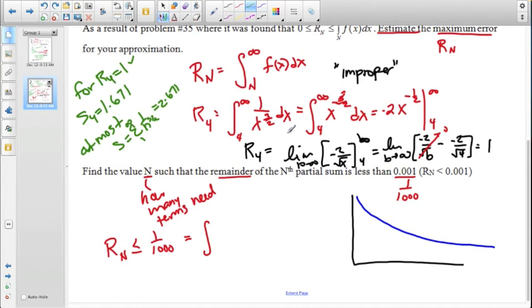Here's, just for a reference point, here's 4, but we need to come way out here to some value n in order to get this to be at most 1/1000th. Okay, so we need to integrate from n to infinity to see where we have to be in order to get this area to match up to 1/1000th.